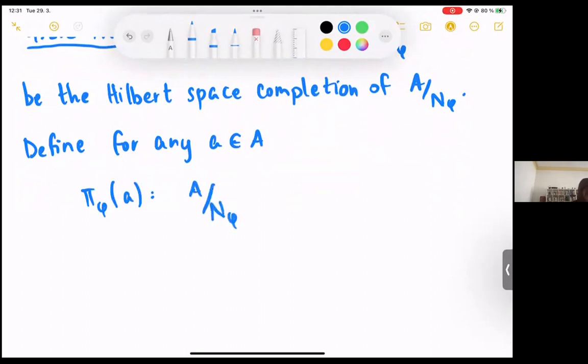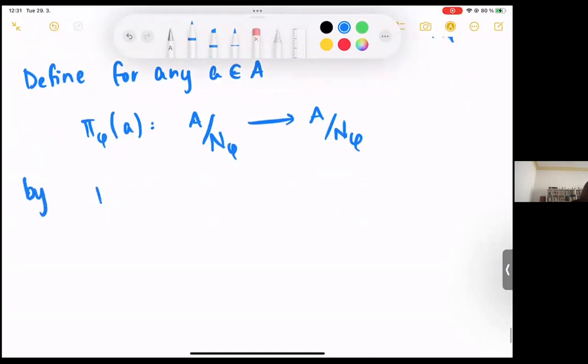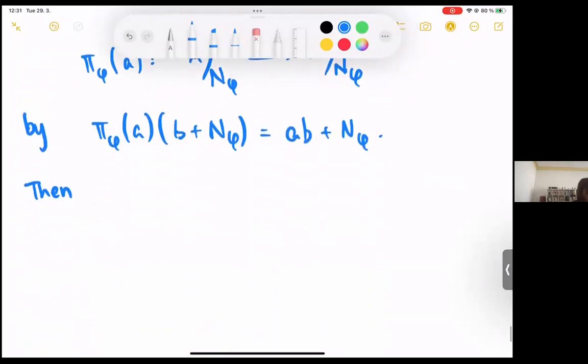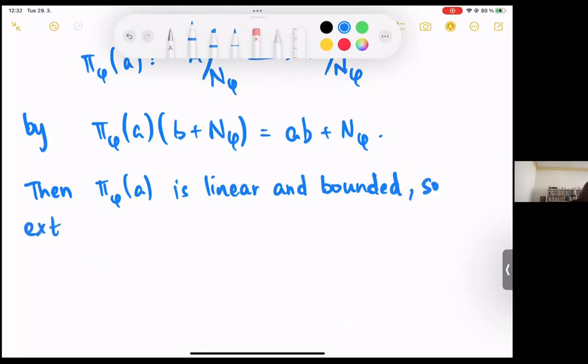This will just be multiplication by a. And this turns out to be linear and bounded, and so extends to an operator on this Hilbert space completion, which I'll also denote by pi_phi of a.